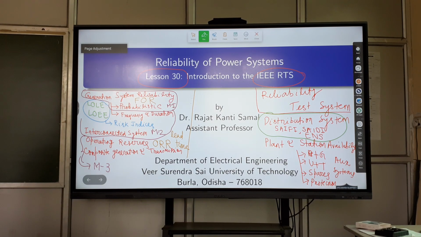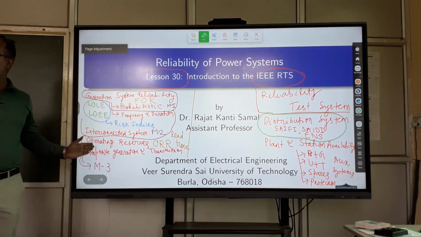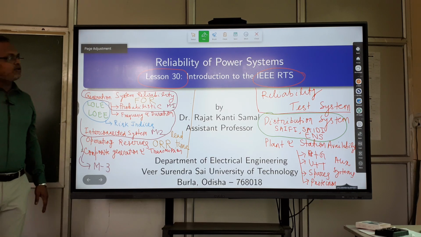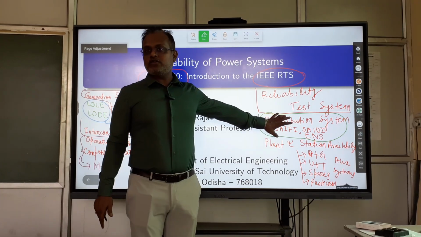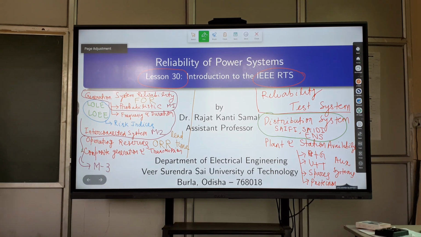For example, the government has invested say some thousands of crores of rupees in creating substations, providing more transmission lines. Now, how effectively it has improved the situation of the customers? Okay. If you want to do that, then we need to use these terms. So for that, these have no meaning. This is related to mostly the generating plant. Whereas from the customer perspective, this is very important. So any study where you need to evaluate how effective some investment is.